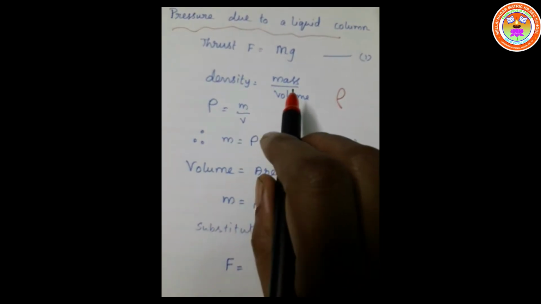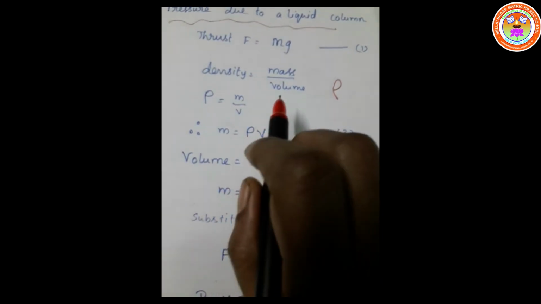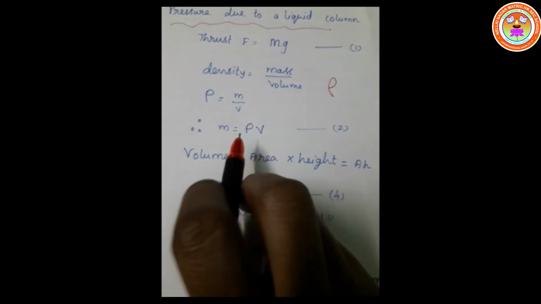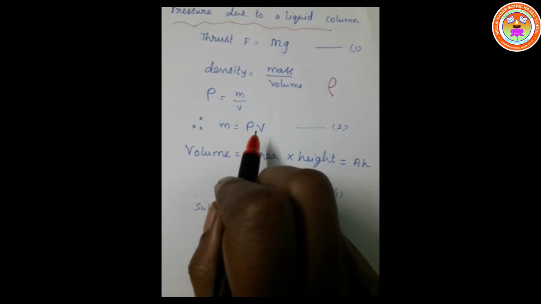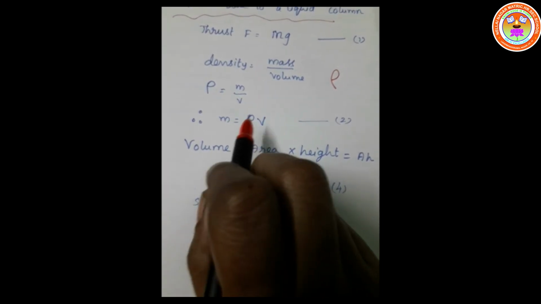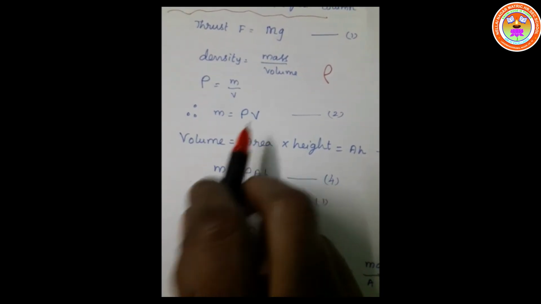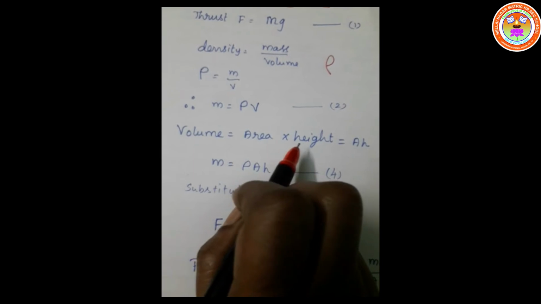Density rho is equal to m by V, where m is the symbol for the mass and V is volume. Just modify the formula to get mass. So mass is equal to rho into volume. Volume is nothing but area into height.